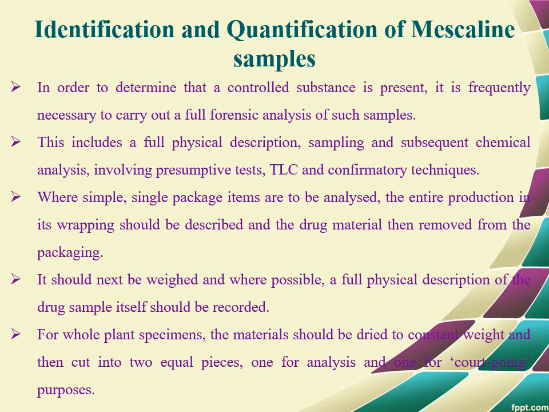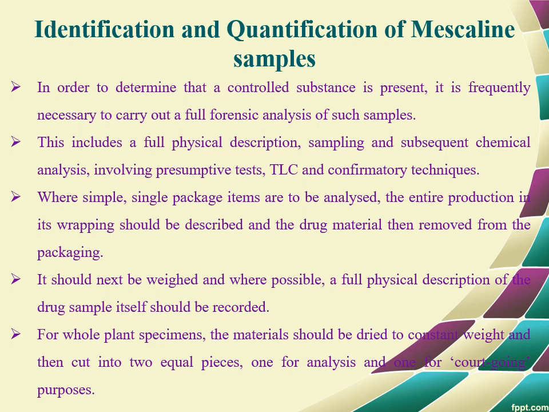Where simple single package items are to be analyzed, the entire product in its wrapping should be described and the drug material then removed from the packaging. It should next be weighed, and where possible a full physical description of the drug sample itself should be recorded.